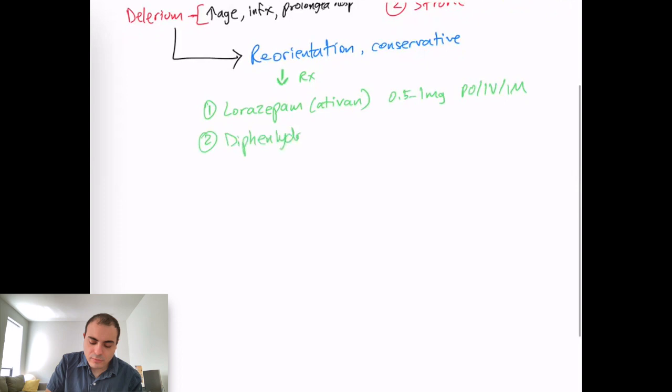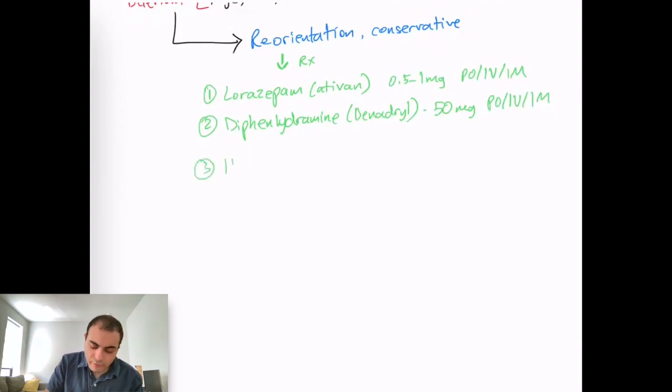Number two, you have diphenhydramine. You know what's diphenhydramine? There's another name for it called Benadryl. You know what this guy is? Yeah, antihistamine, right? So it's kind of a sedating agent, okay? And you can give like 50 milligrams, again, PO, IV, or even IM sometimes, okay?